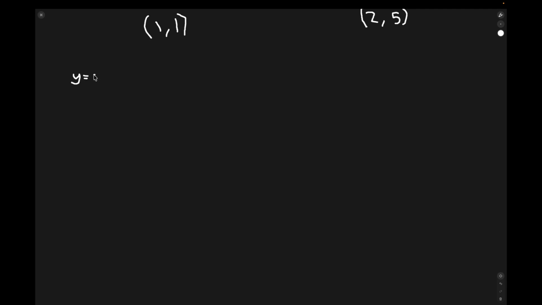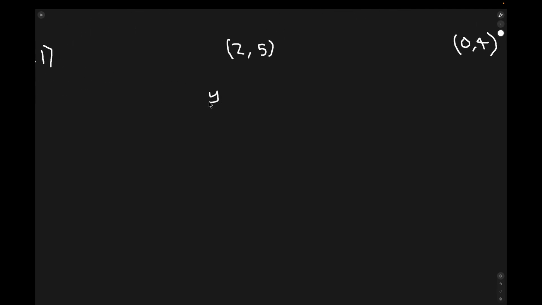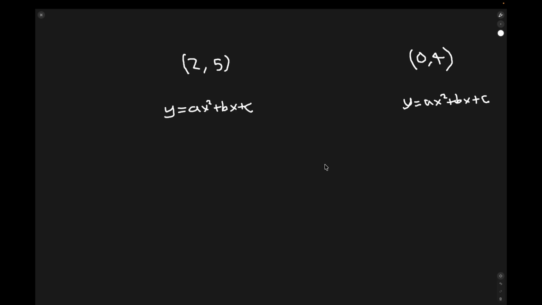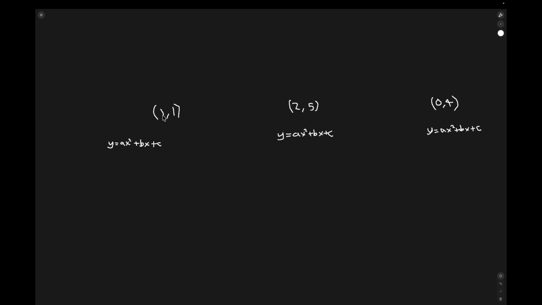Y equals ax squared plus bx plus c. Now that we have that, we're going to substitute our x and y values into this.